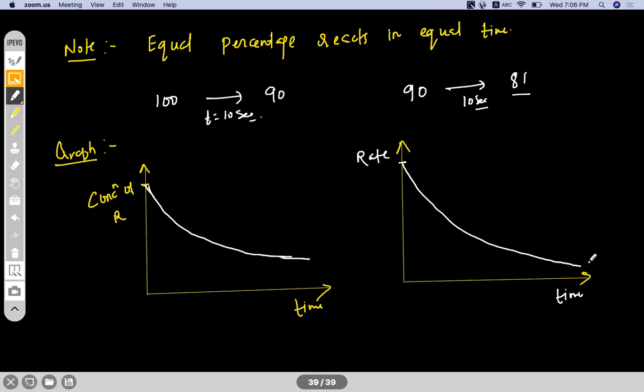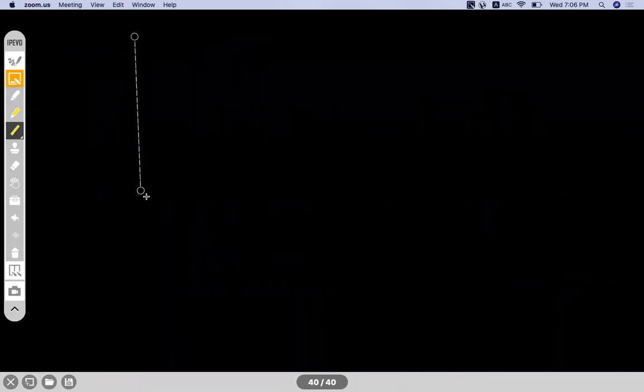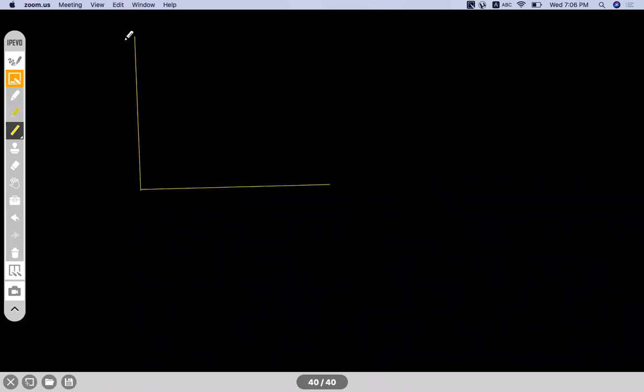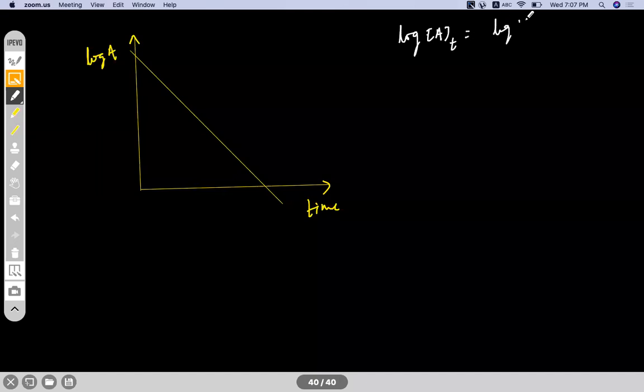What is the graph of log of concentration and time? This will be a straight line with negative slope because we have log of At equals log of A naught minus 2.303 kt.